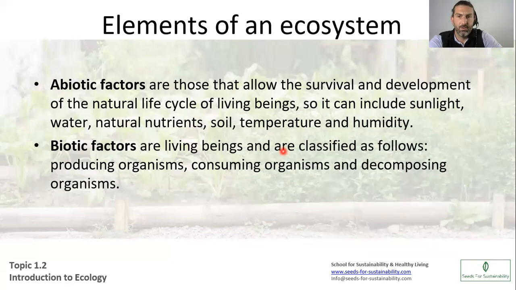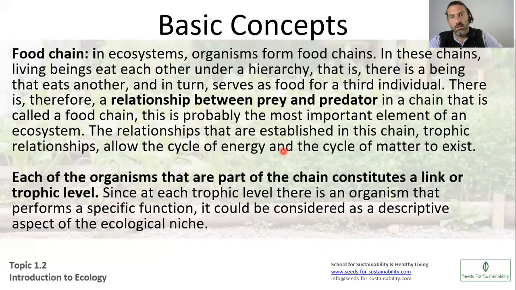Abiotic factors are those that allow the survival and development of the natural life cycle and living beings, so they can include sunlight, water, natural nutrients, soil, temperature, and humidity. Biotic factors are living beings and are classified as follows: producing organisms, consuming organisms, and decomposing organisms. Let's look at those a bit later in the trophic chain or food chains.